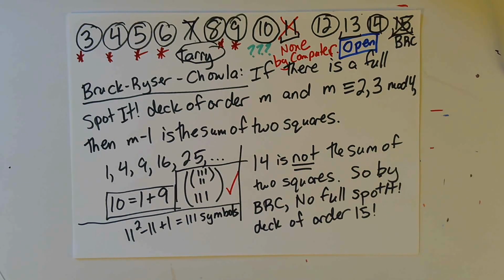Another question you could ask that also no one knows: let's say we drop the admittedly fairly artificial assumption of a full spotted deck. Remember, that was the additional constraint that every pair of symbols showed up on a card. What if you just say, what's the largest spotted deck with 7 symbols on each card? No one knows that either. There's some bound. It can't possibly be as large as 43, because if it were as large as 43, then there would be a full spotted deck of order 7.